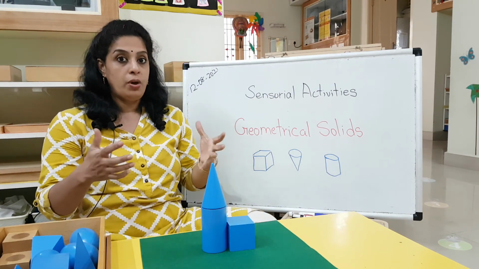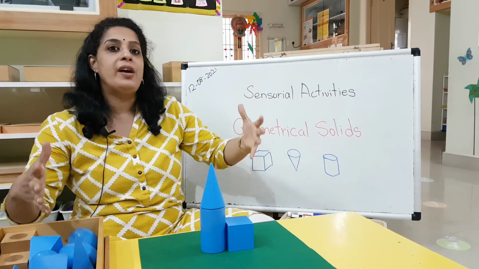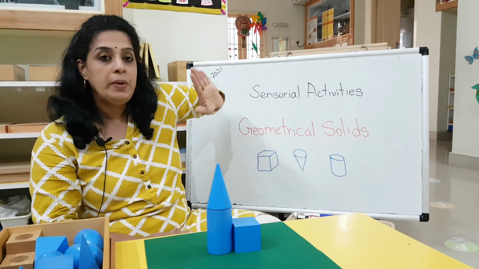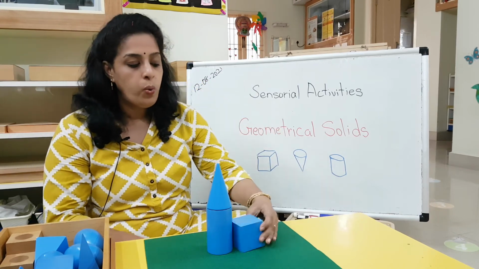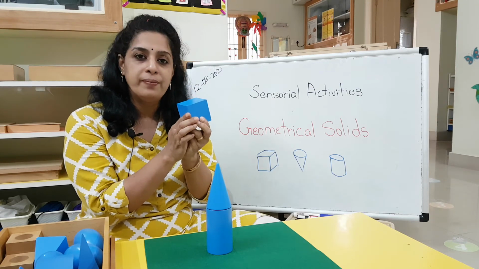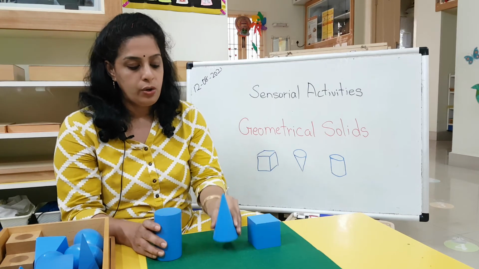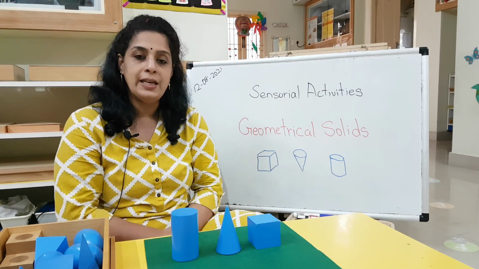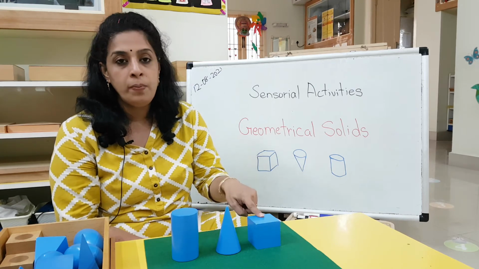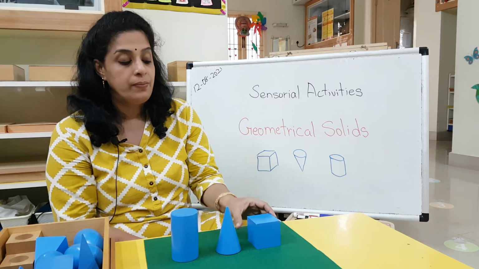Next time when you talk, you won't say like this, like that, and this shape, a square shape. No. Whatever you see on the wall, it will be a square. What you can see like this and hold is a cube, okay? So we learned today cube, cone, cylinder. Shall we tell the names again? Cube, cone, cylinder.